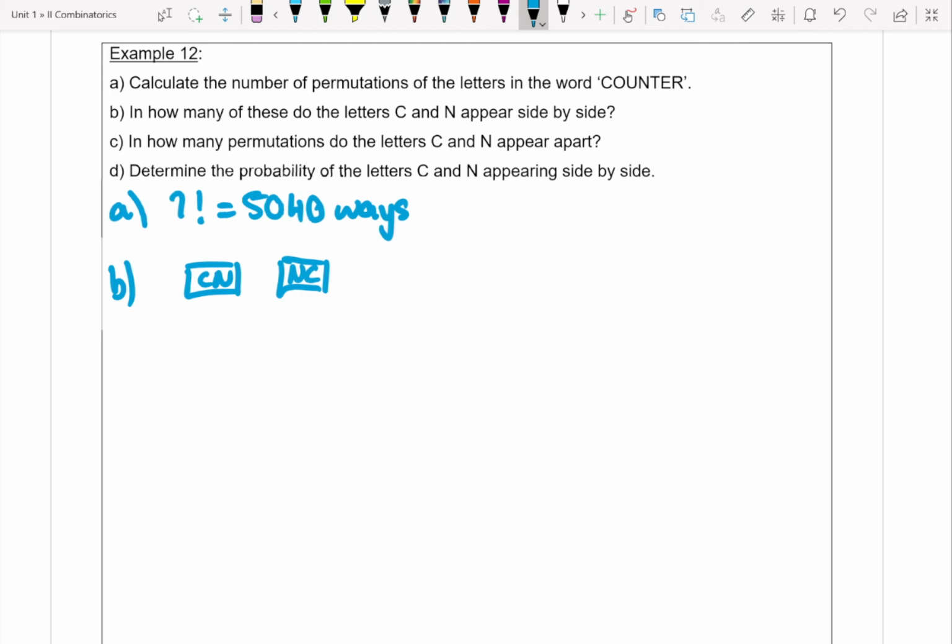So there are 2 ways to represent those 2. Then there are 6 ways that things can be arranged. So all we're doing is taking this CN and this NC, and choosing one of them as a letter. So imagine you replace the letters C and N with a joint letter CN. All you're doing then is arranging 6 different letters.